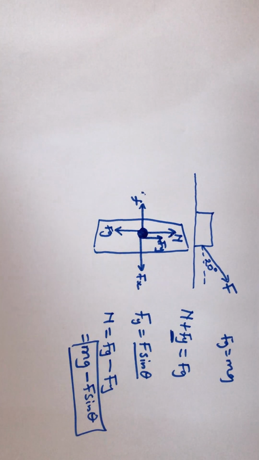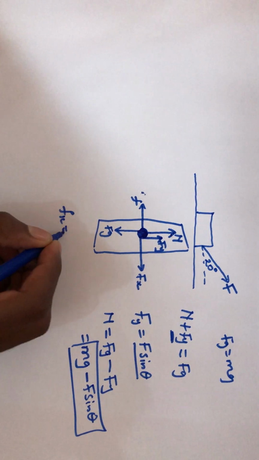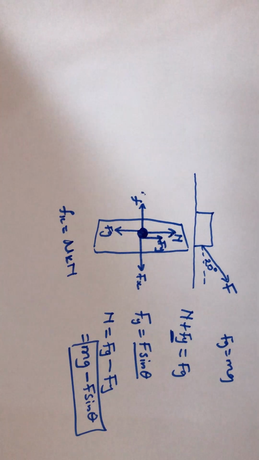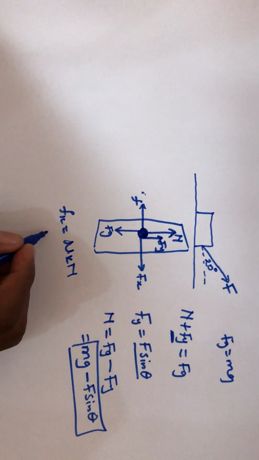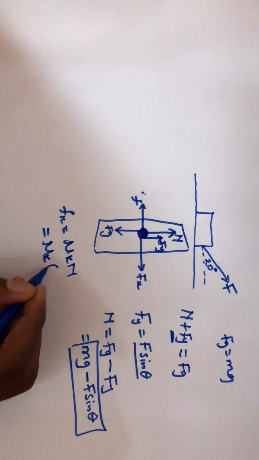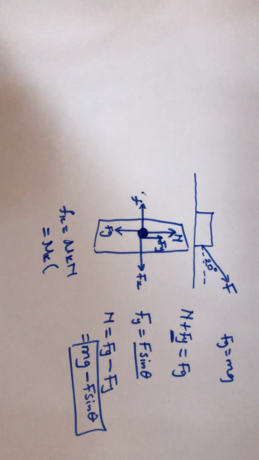So how are we going to calculate the frictional force now? Fk is equal to the coefficient of kinetic friction multiplied by normal force. Now what is our normal force? This is our normal force. So we have the coefficient of kinetic friction, and we replace N with mg minus F sine theta.